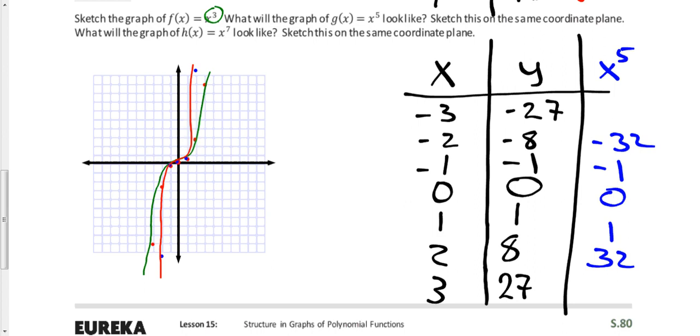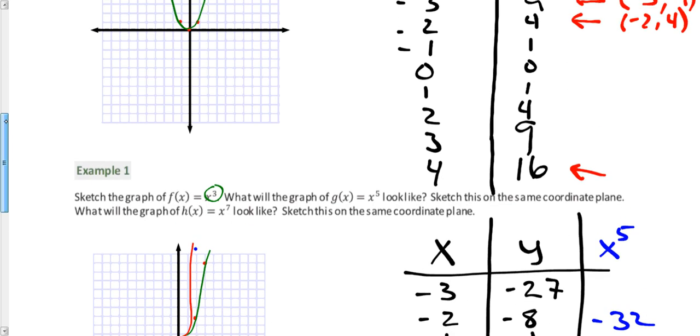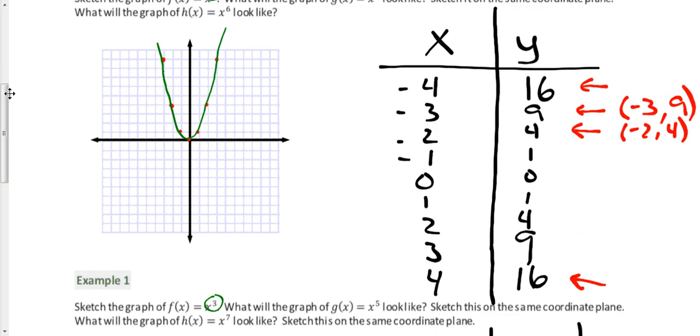And it stretches out even more, right? So, let's look at the same thing over here. What do you think x to the 4th would do to this? Steeper, right? It'd stretch it out. Okay, good. All right.